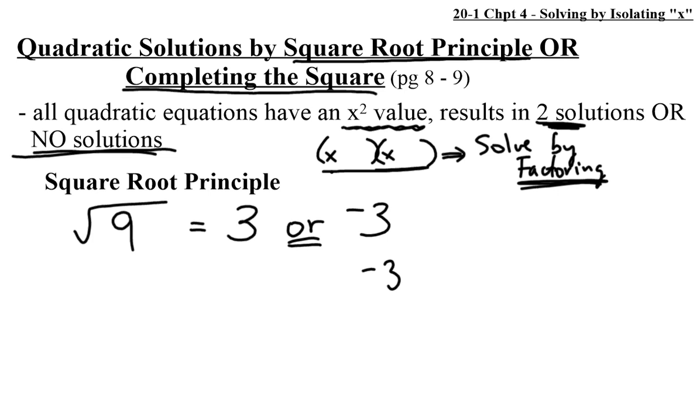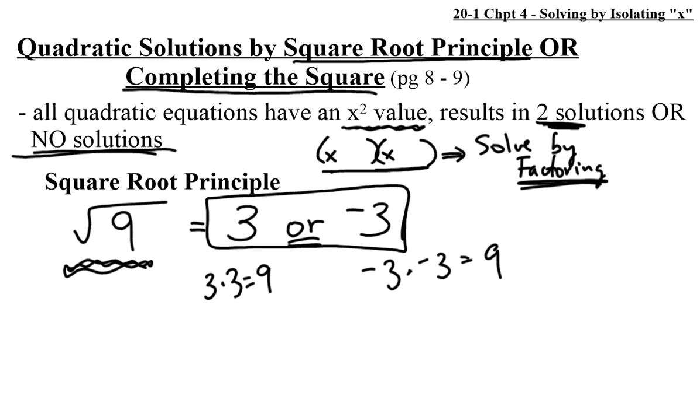Because -3 times -3 is +9, and 3 times 3 is +9. So when we square root something, we can get 2 solutions, 3 or -3. The positive and the negative is what we get when we square root something. So that's what we're going to have to consider, and how we end up getting 2 solutions.